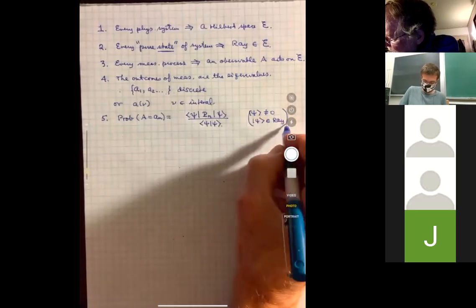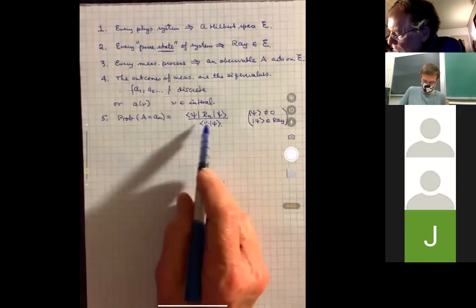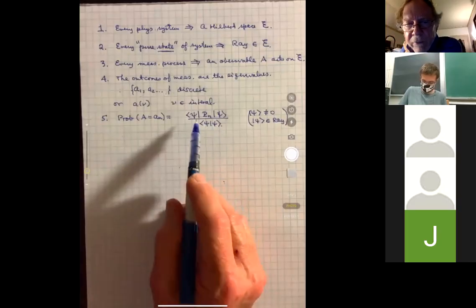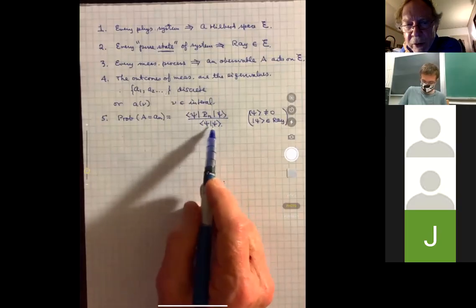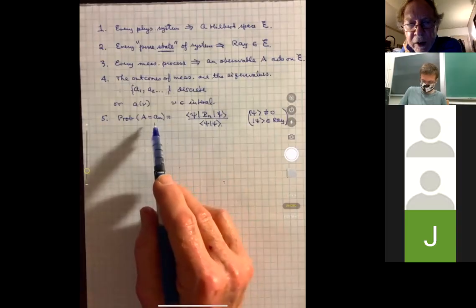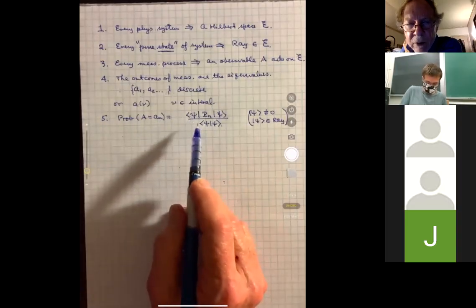It won't matter what its phase or its normalization is. Dividing by the norm in the denominator is a way of saying that the normalization doesn't matter. And the fact that this is quadratic in psi, both in the numerator and the denominator, means the overall phase doesn't matter either. So the probability depends only on the ray and not on the representative vector of the ray that's chosen to make the measurement.